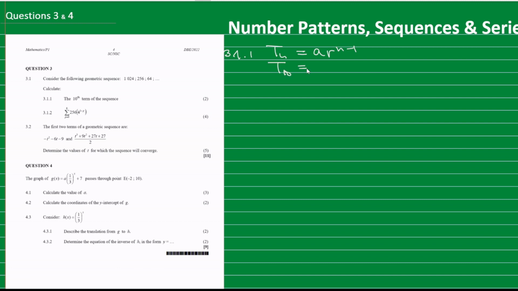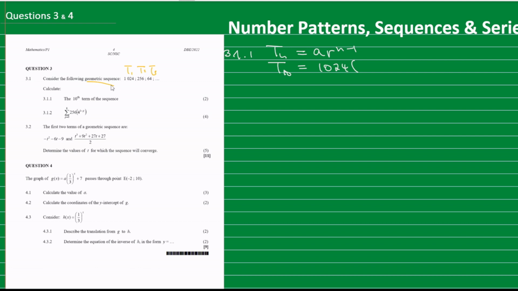So calculate T10, substitute A, the first term, 1024, into R. R is our common ratio, it is T2 over T1, or T3 divided by T2. I can just take T3 over T2.